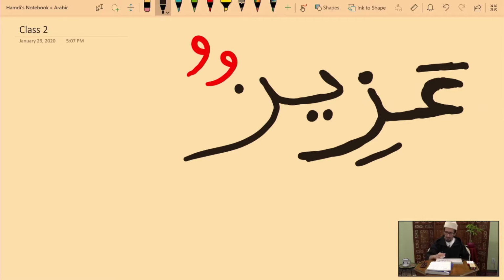So that's azi. And this is again the letter zayn with a dot, and the movement that we have there is a double dhamma. It makes it azizun.